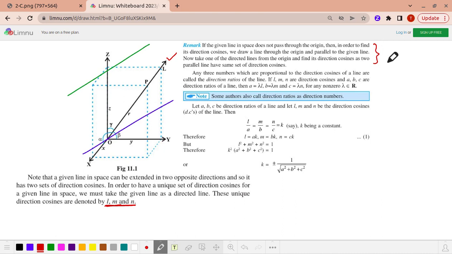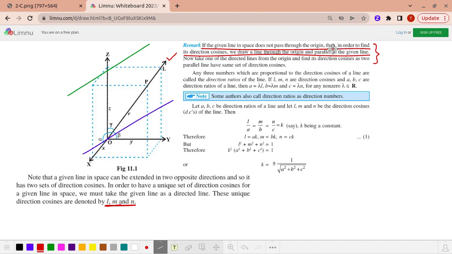If the given line in space does not pass through the origin, then in order to find its direction cosines, we draw a line through the origin and parallel to the given line.